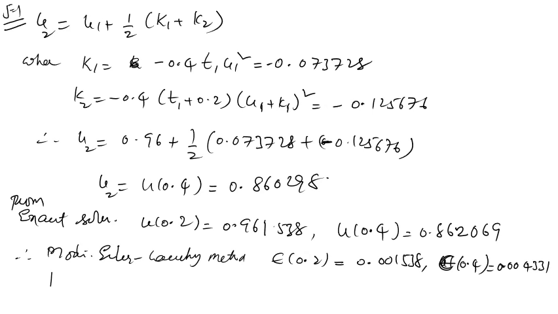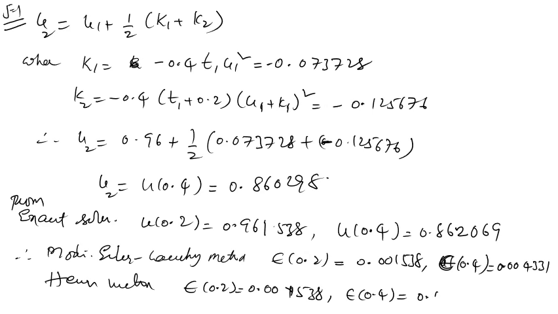For Heun's method, the Runge Kutta method, epsilon at point 0.2 is 0.001538, and epsilon at point 0.4 is 0.001771. So which is a better method? Runge Kutta second order method is the better one.